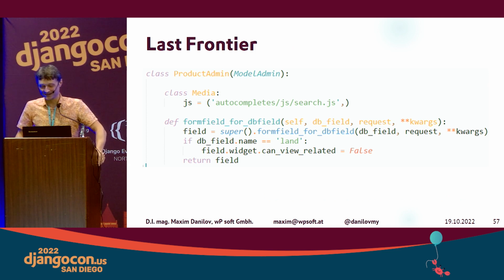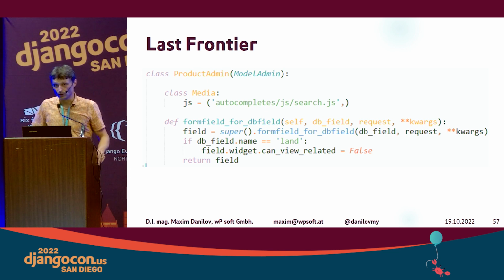Okay, last frontier. After 8 years, I came again to the function formfield_for_dbfield. I simply check the name of every field, and if I receive the field there, I don't want to see the icons add, change, delete. I change the attribute for this widget. Right now, this is the shortest way to work with the related widget wrapper.